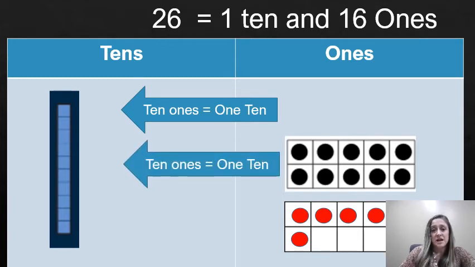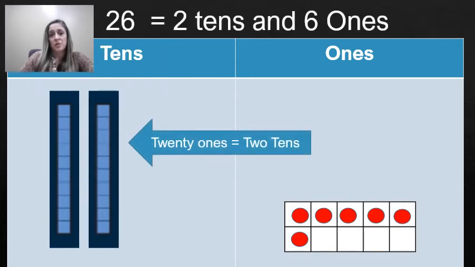They may also decide to regroup both of the tens and end up with 2 10s and 6 ones. And this idea of being able to regroup numbers in multiple ways is very important for them moving up all the way through 5th grade.